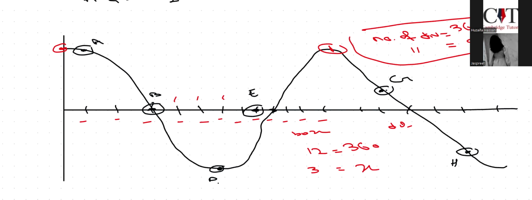Yes, B and E. So 150 degrees. How many boxes are there? Okay, right. So is this clear, how we can find the path and phase difference?